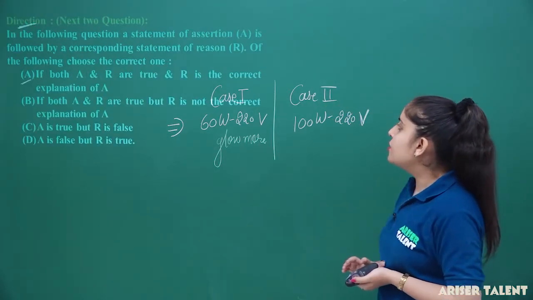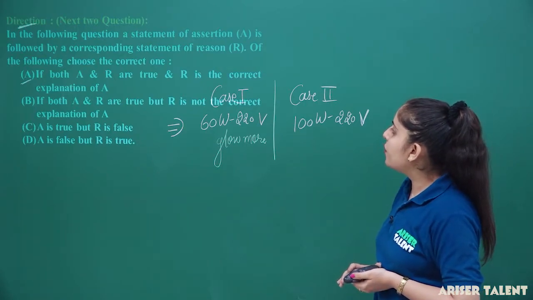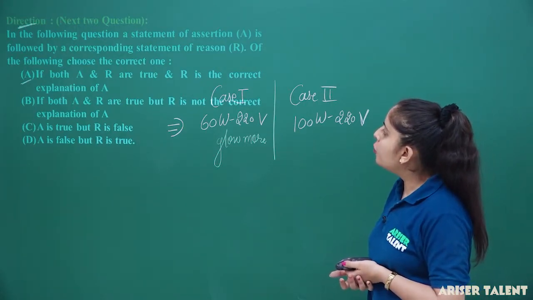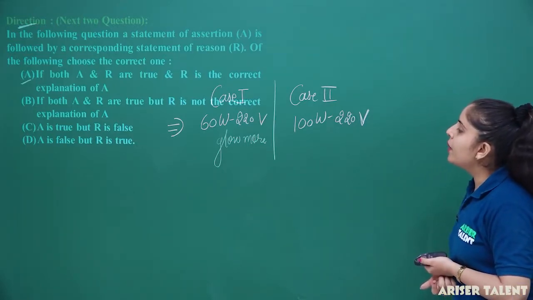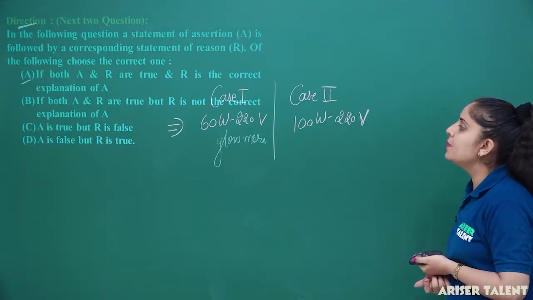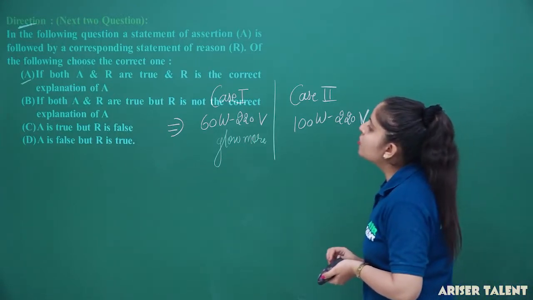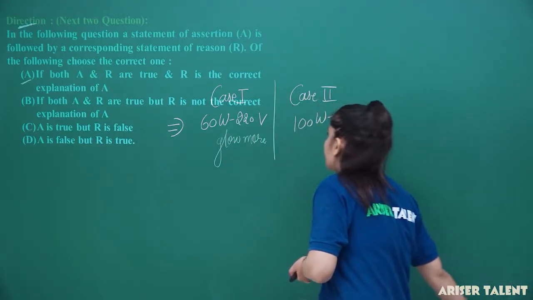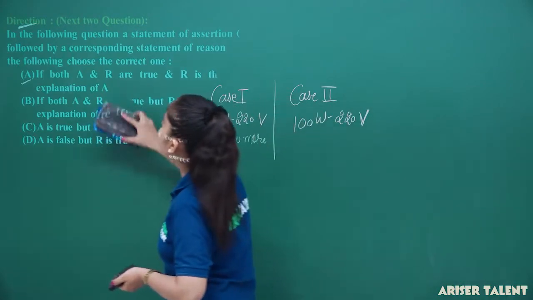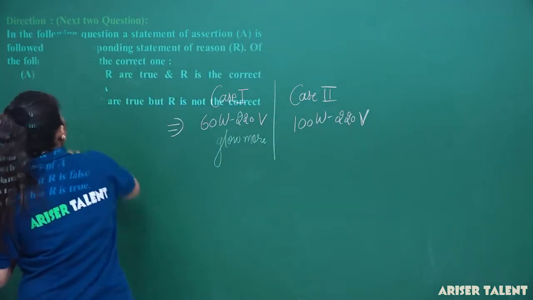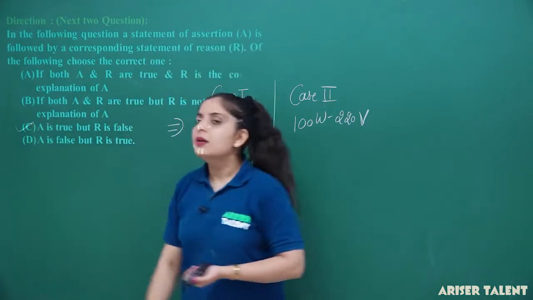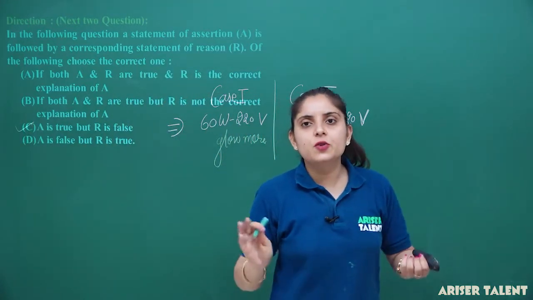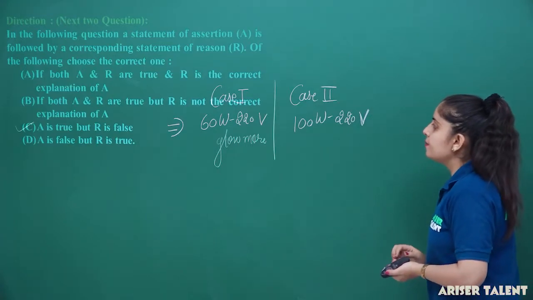Both A and R are true, R is the correct explanation of A. Both A and R are true, but R is not the correct explanation of A. A is true, but R is false. A is false, but R is true. So which is the correct option here? Statement A is true, but R is completely false and it is not the explanation for the first statement. So our option C will be correct here. Statement A is true, but R is false.